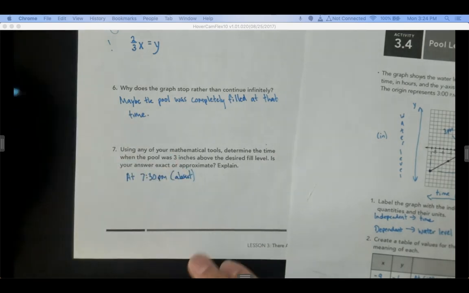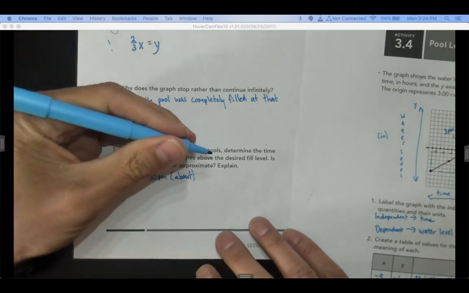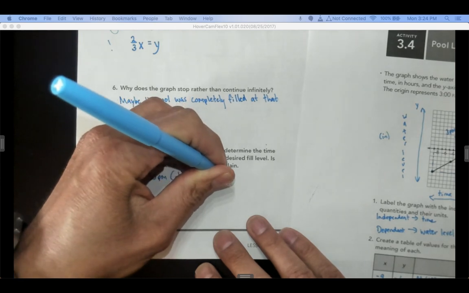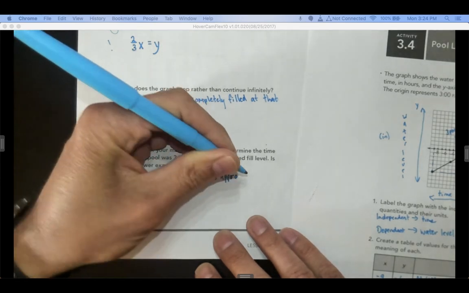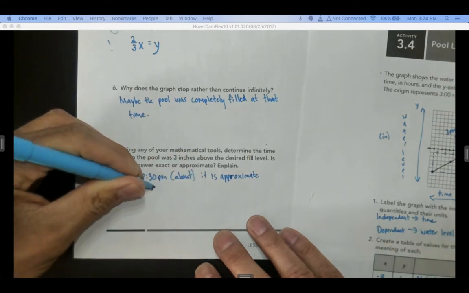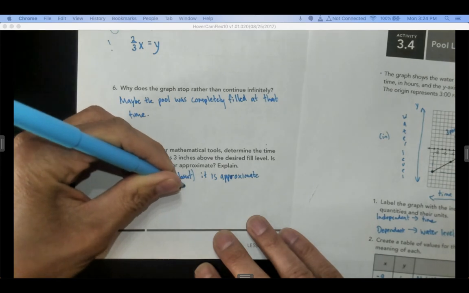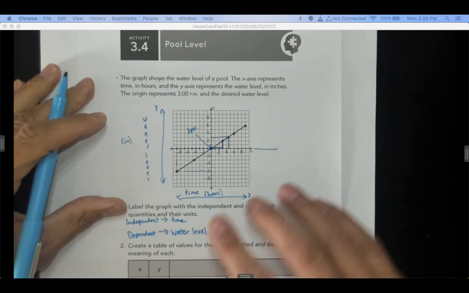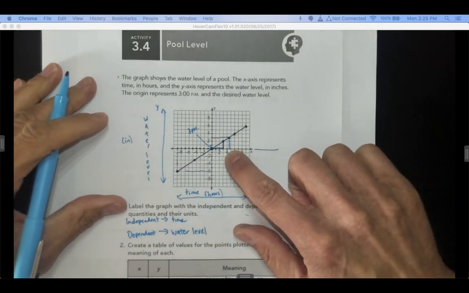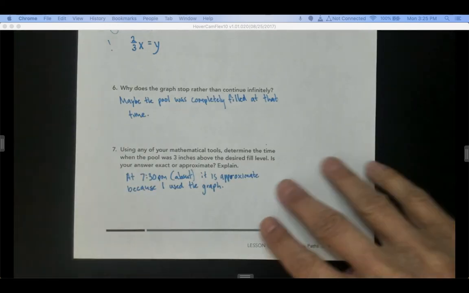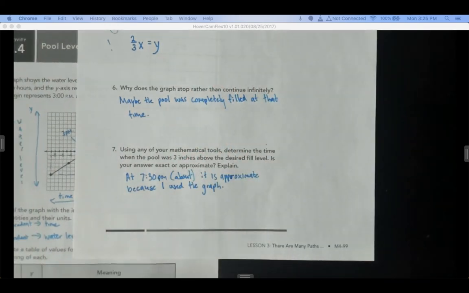And it's approximate because I used the graph. It looks like it's 7:30, but could be closer to 8. It could be 7:45. And so the graph is helpful, but it's not exact. If I had tried to use the equation, it probably could have made it exact.